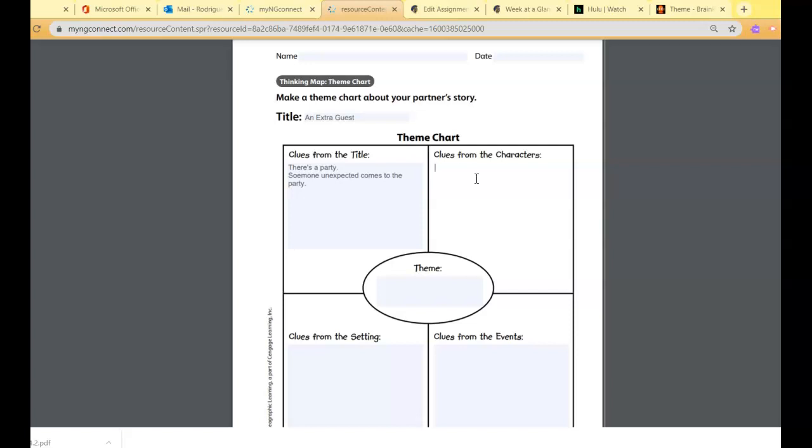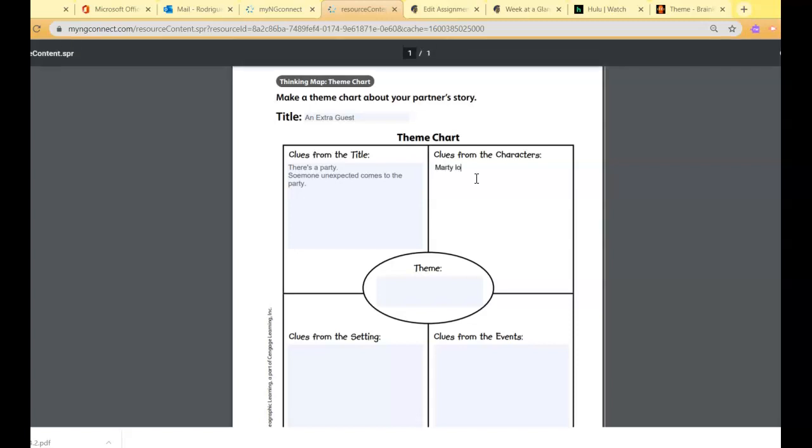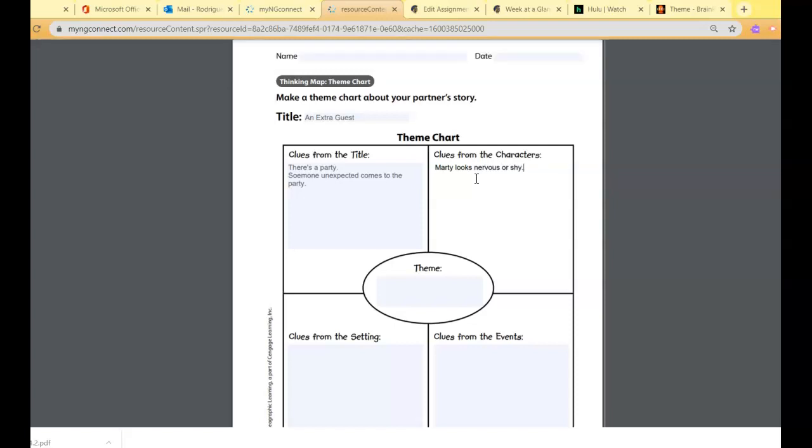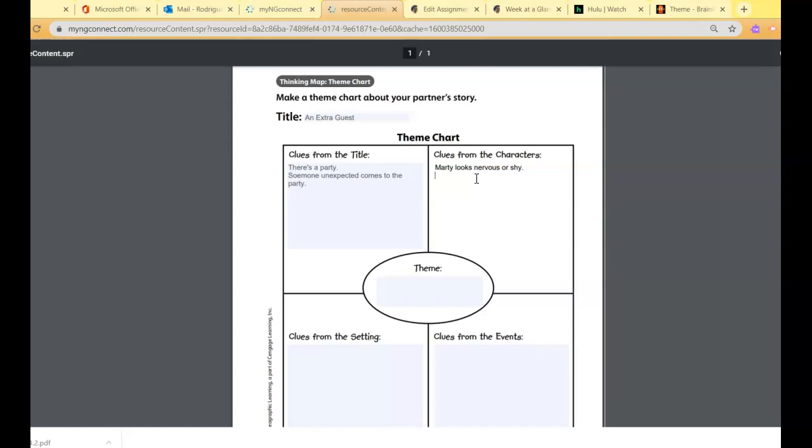And we can see that Marty looks nervous or shy, right? But then the other characters we know seem very happy, right? And they seem friendly.